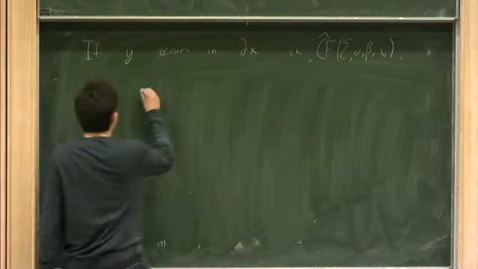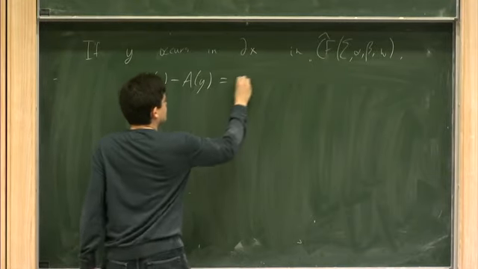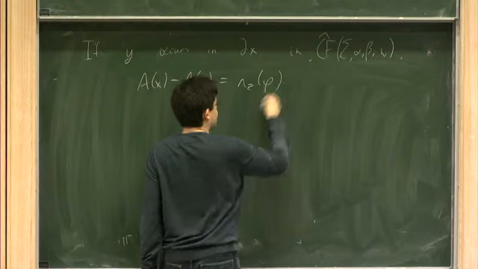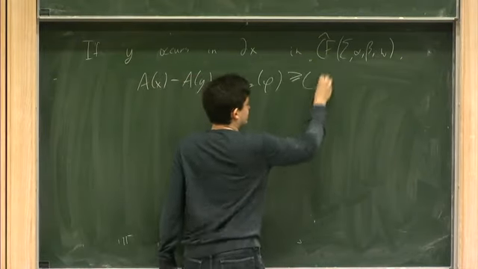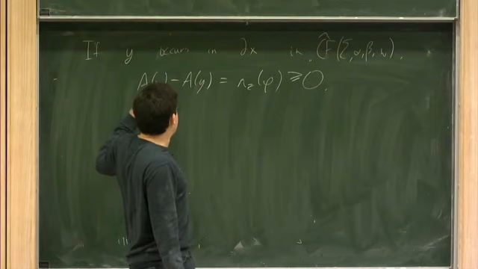Okay, but then A of X minus A of Y is equal to NZ of phi, which is greater than or equal to 0, because NW is 0, right? Okay, and so immediately that tells you that this is a filtration.